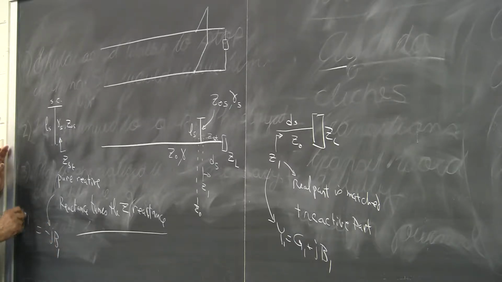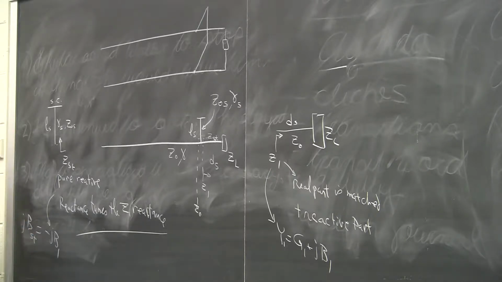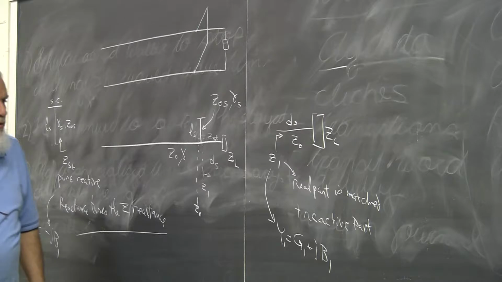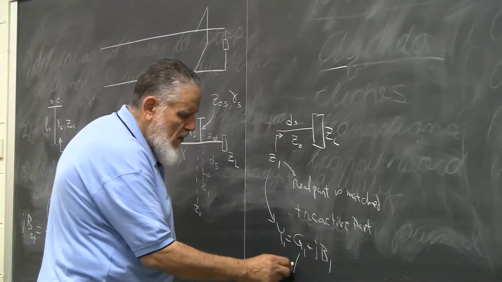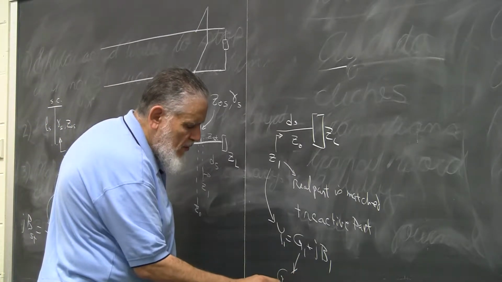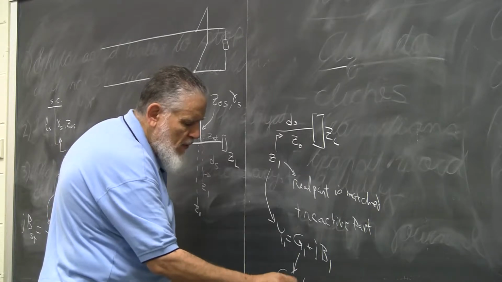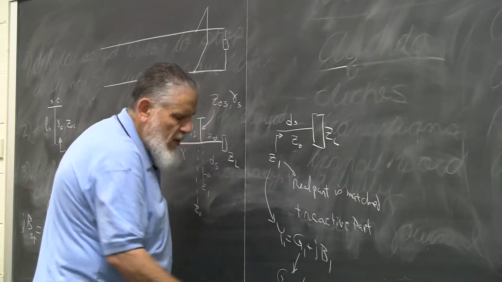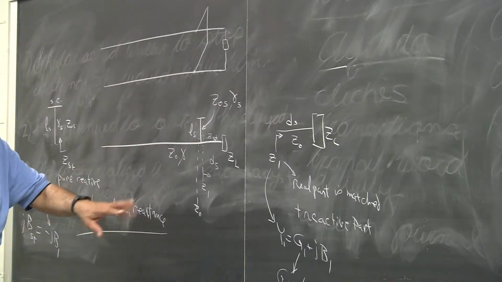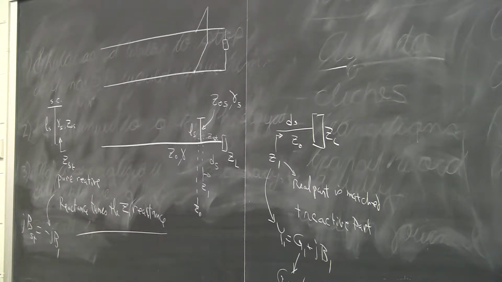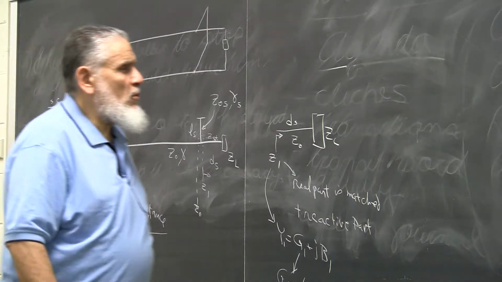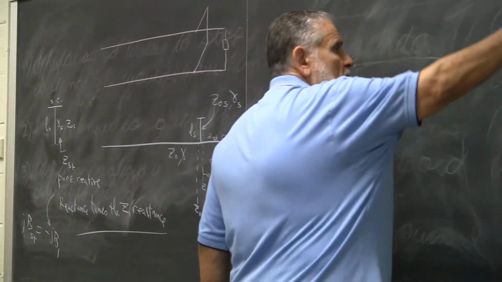That's jB of the stub, should be minus jB1, such that when you add them together, they cancel each other, and the G1 in this case must equal G0, which is 1 over R0. Okay? So if the real part is matched, that means the G1 should be matched. So how do we do that on the Smith chart? Here's our Smith chart.